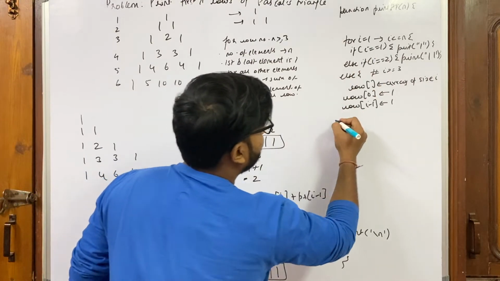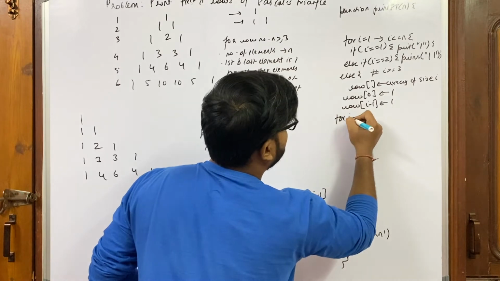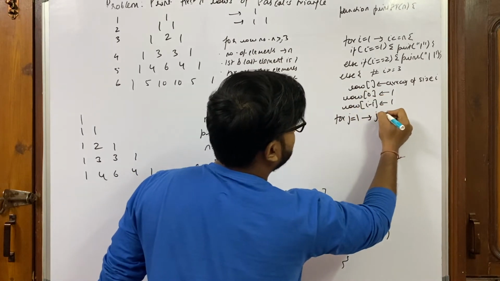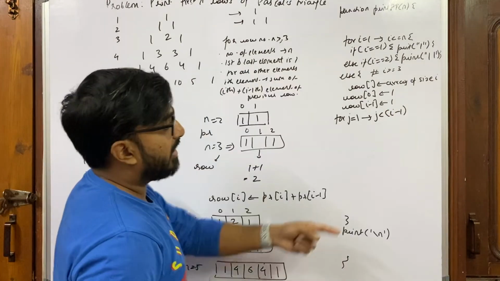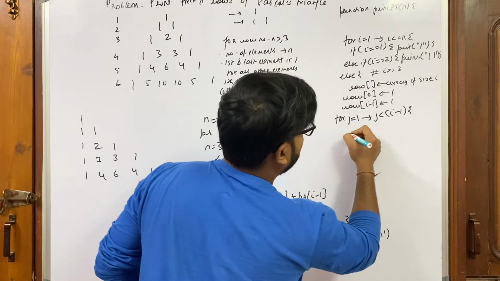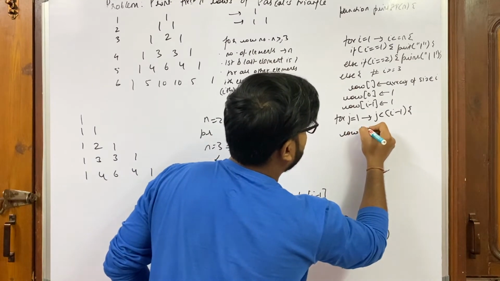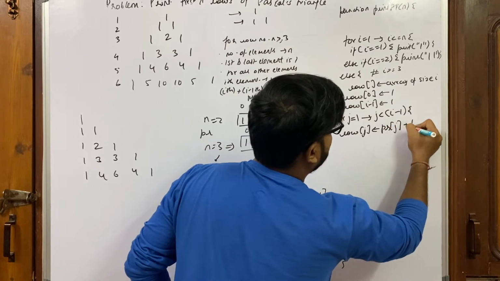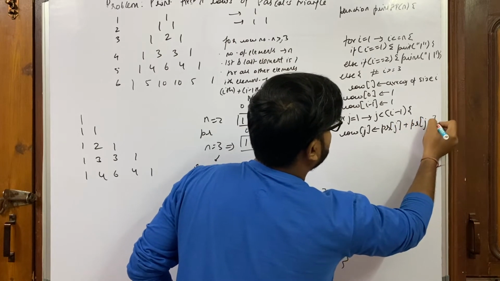Since I'm already using I, I'm going to go with j. For j equals 1, since 0 is already set, till j is less than I minus 1, because we have to exclude the last element. So what do I say? Row of j is previous row of j plus previous row of j minus 1.